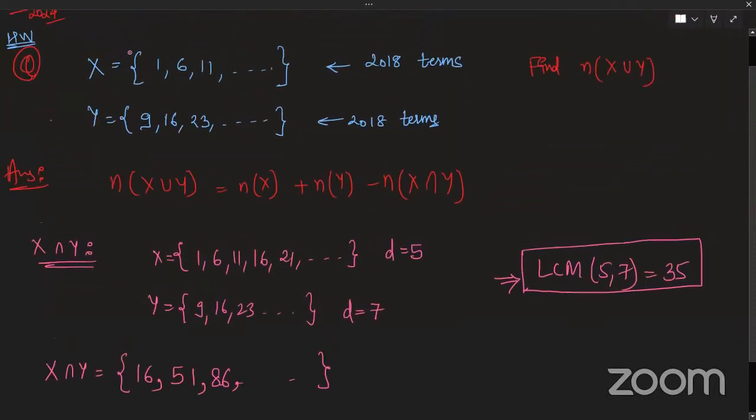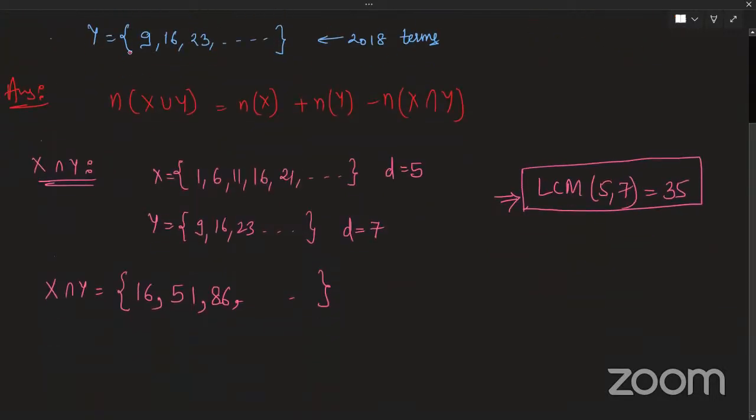Till where will my x intersection y go? 2018 terms. Are you sure there will be 2018 terms in x intersection y? No, sir, x intersection y won't have 2018 terms. x and y each have 2018 terms.